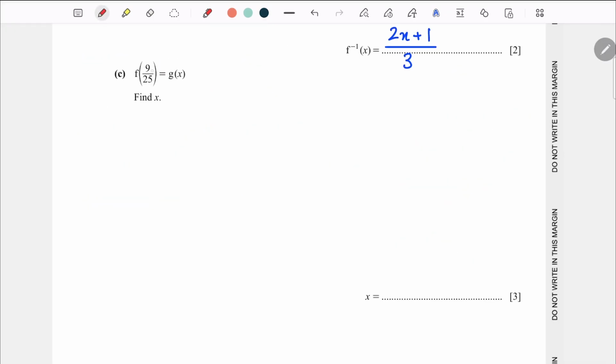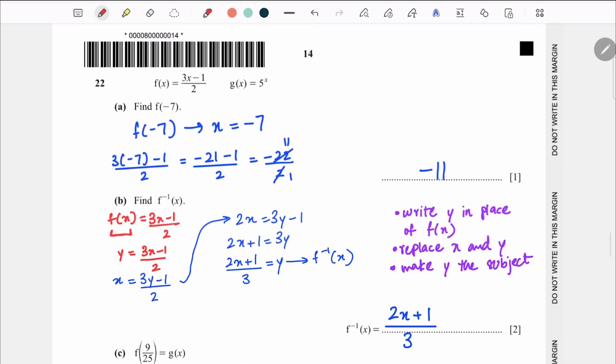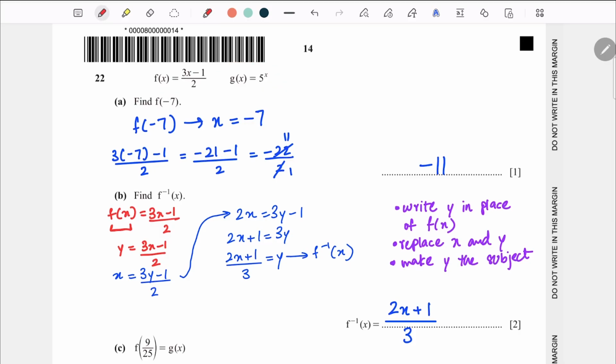Part C, f bracket 9 over 25 is equal to gx. Now f bracket 9 over 25 basically means that x is equal to 9 over 25. Now f was given to us as 3x minus 1 over 2 and gx is 5 to the power x.